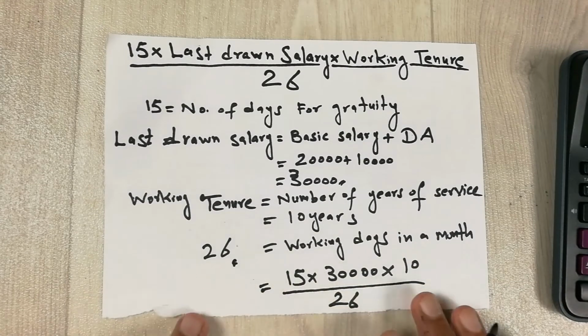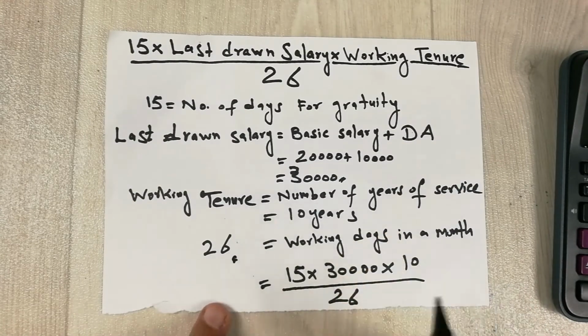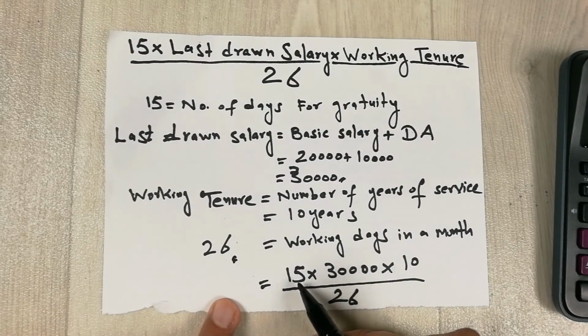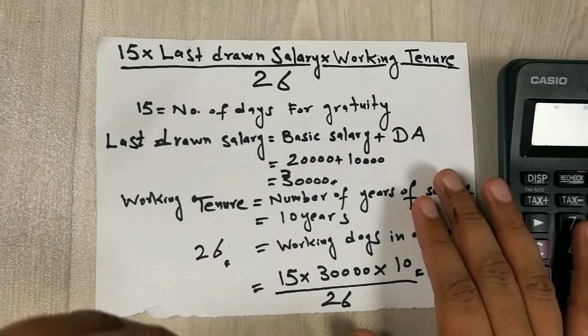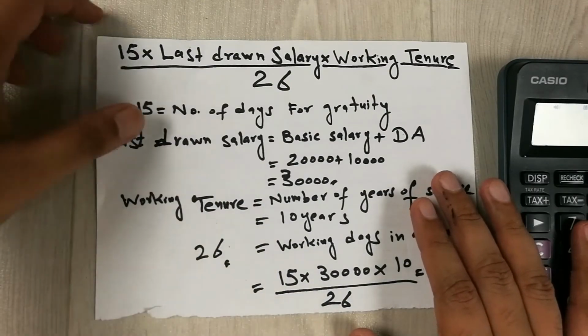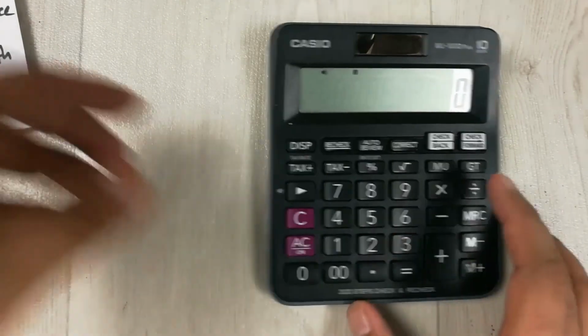Okay, so everything is done. Now we get all the values. We just put here in the formula. So 15 multiply 30,000 multiply 10 divided by 26. So guys, when we do this calculation on our calculator, okay, as I told you before, so we do it like this.